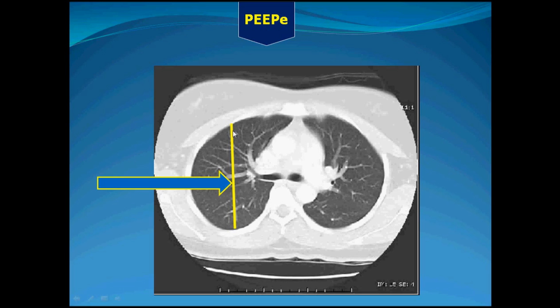So it means that the weight of the lung over this dependent part is about 7.5 centimeter water. This means that the alveoli in the dependent part are under a pressure of 7.5 centimeter water. And these alveoli, in order to be kept open, their volume should produce a pressure more than 7.5 centimeter water in order to be kept open.